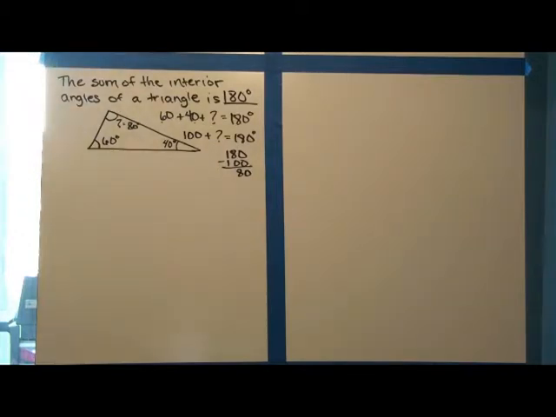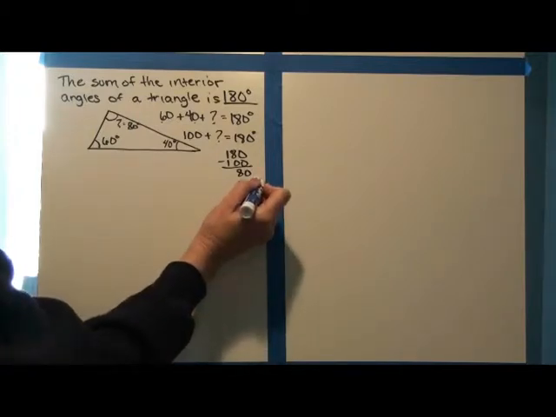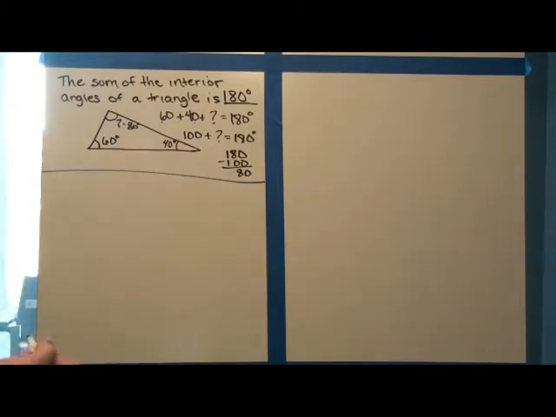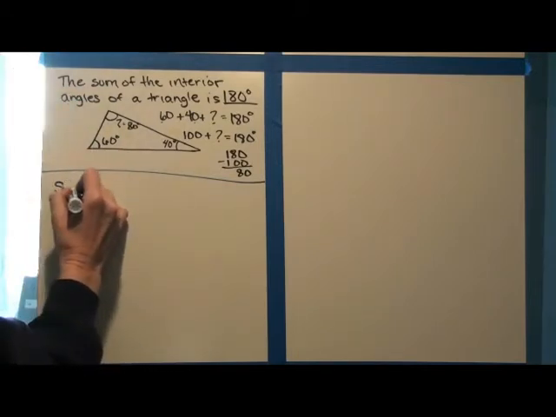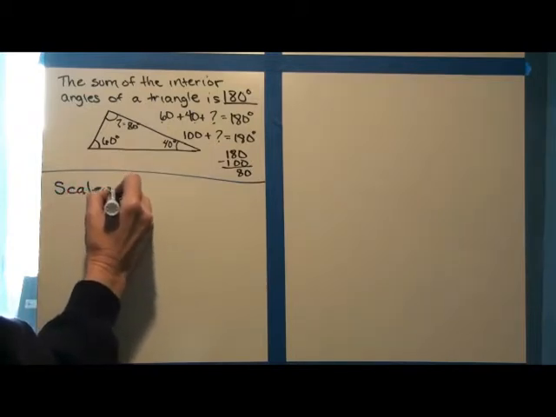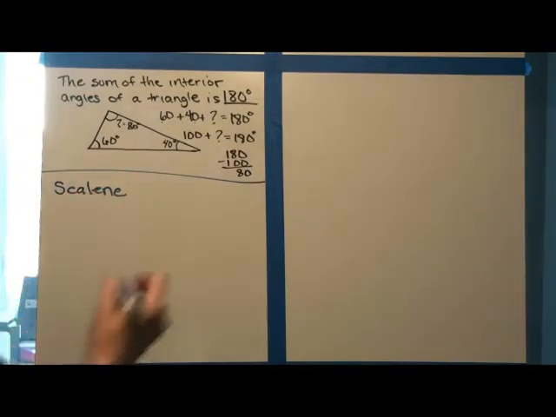The second part is more about vocabulary. We can classify triangles in two different ways. The first way that we can classify triangles is by the lengths of their sides. So when we're looking at a triangle, if all of the sides are different lengths, we would call the triangle a scalene triangle.